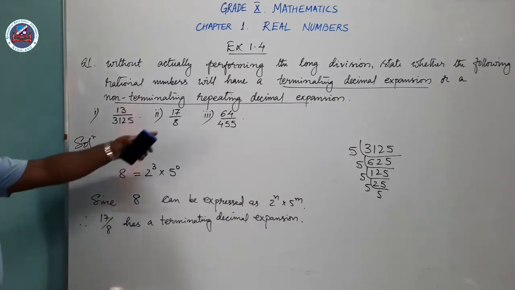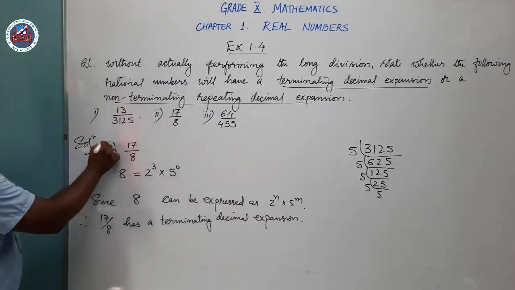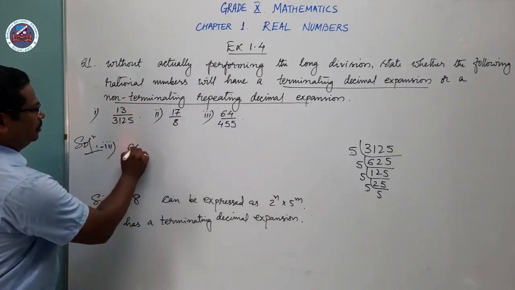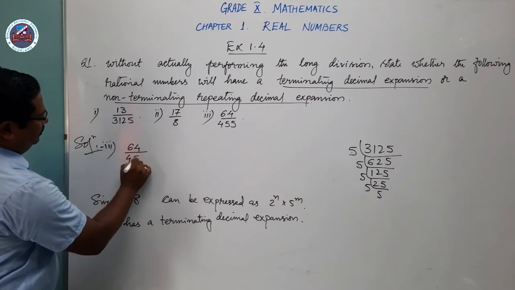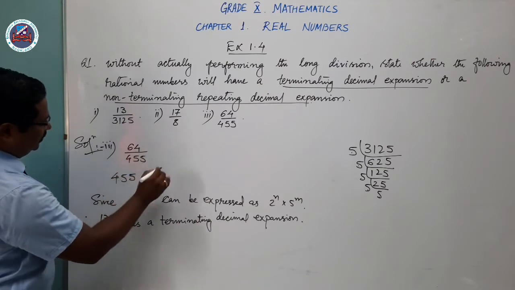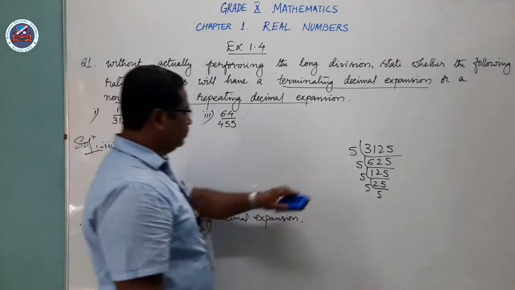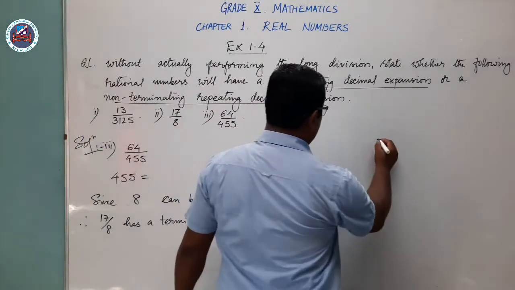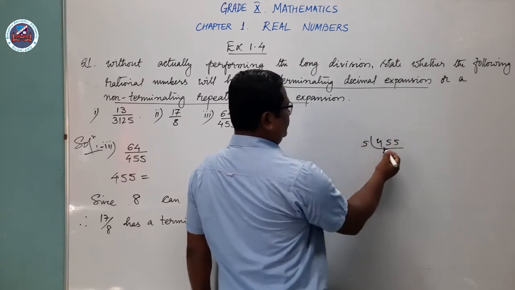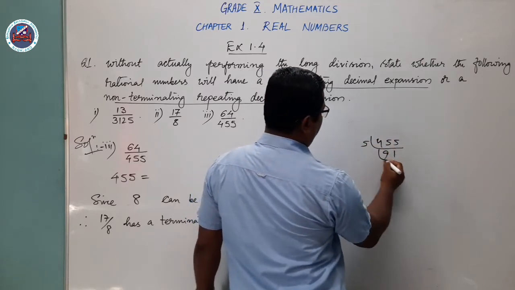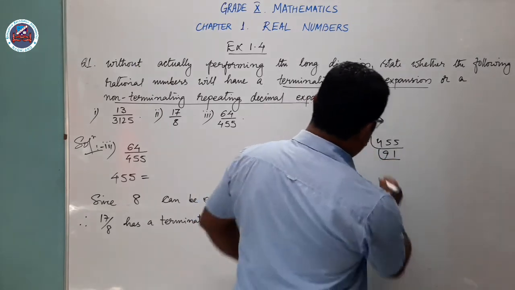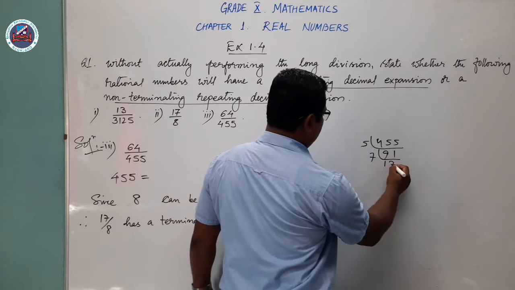Likewise, let us do the third one, 64 by 455. In this case also find the prime factors of 455. 5 9s are 45, then 5 1s are 5, 7 3s are 21.